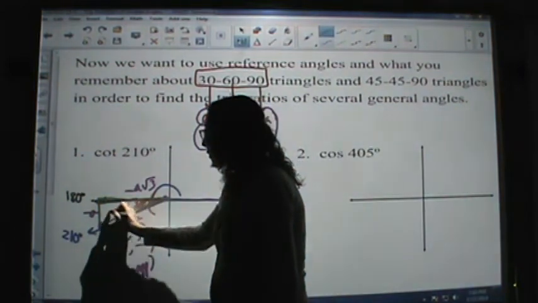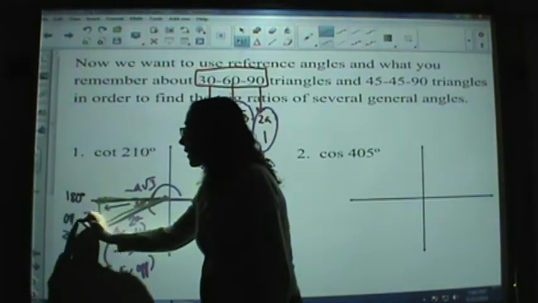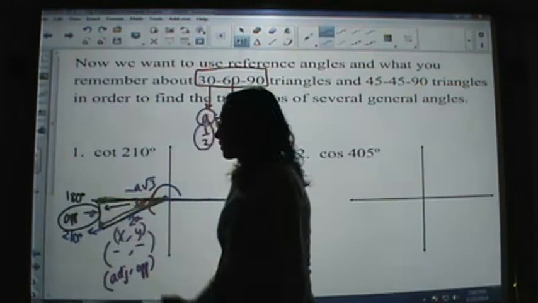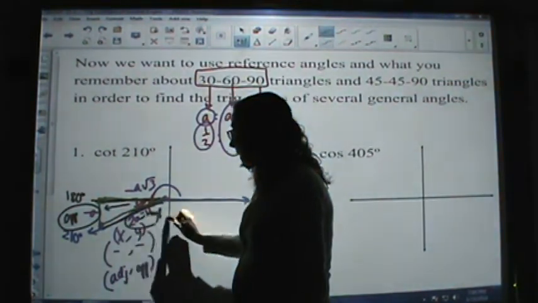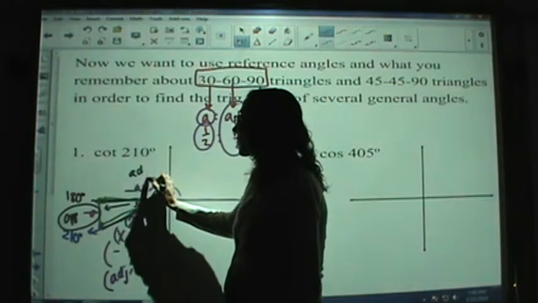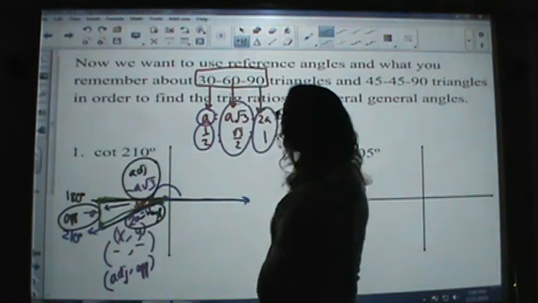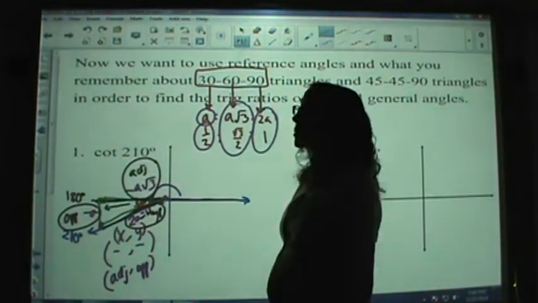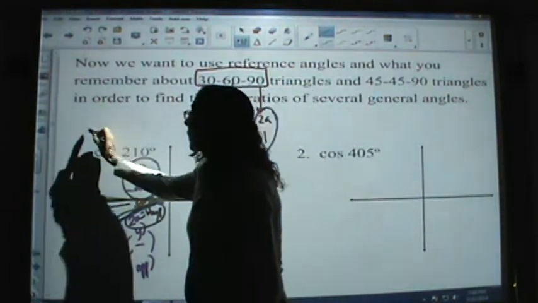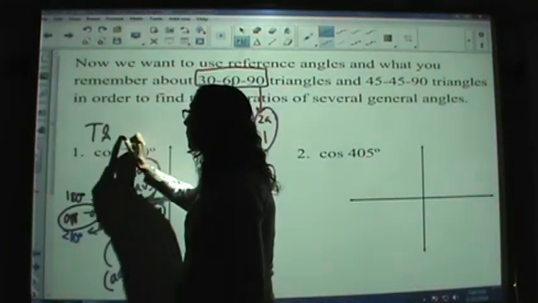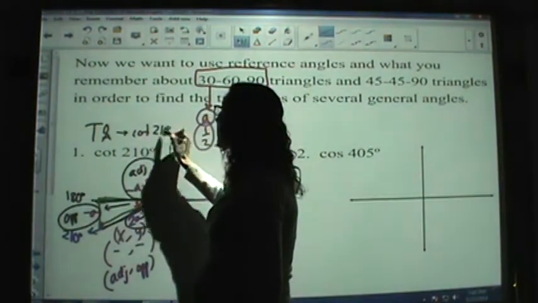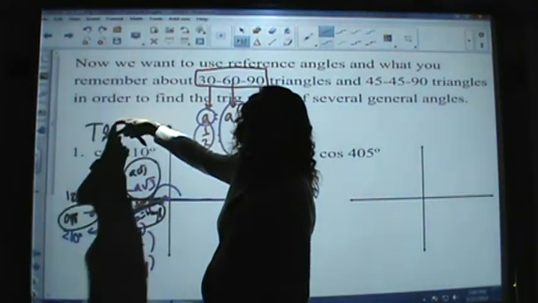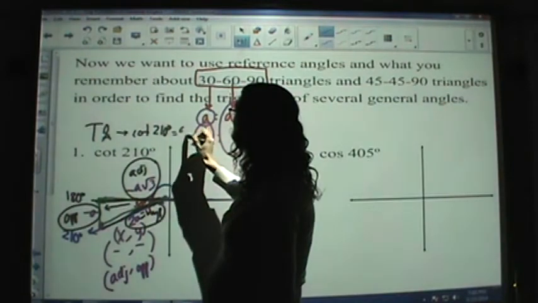So, slicing through our 30-degree angle, we can see that the thing that I labeled over here must be our side opposite. This guy is, of course, our hypotenuse, and this one must therefore be the adjacent side. Cotangent is the reciprocal for tangent. If tangent is TOA, that means that cotangent of 210 is going to have to come from the reciprocal, adjacent over opposite.